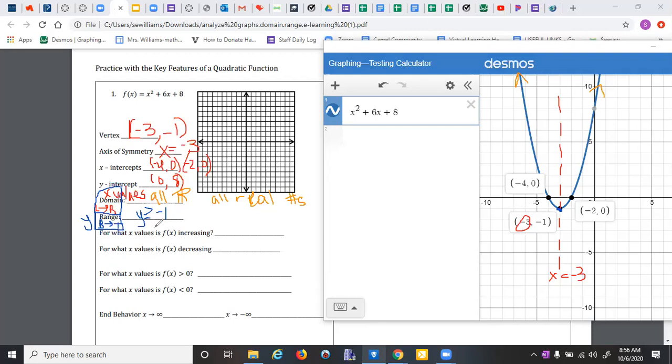Okay. All right, for what x values is f of x increasing? For increasing and decreasing, you have to trace, and always start on the left. If you see where my mouse is, on the left side the graph is decreasing. Ignore this arrow; it means the graph goes forever. So it is decreasing on the left, and then once it gets to the minimum, it starts to increase.